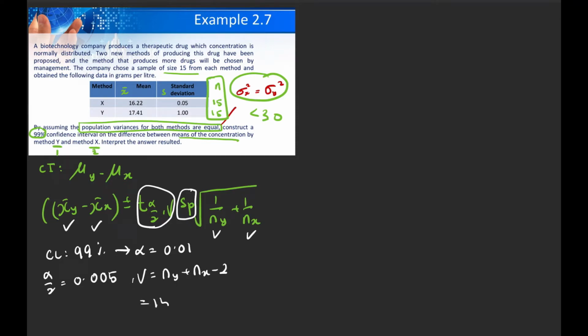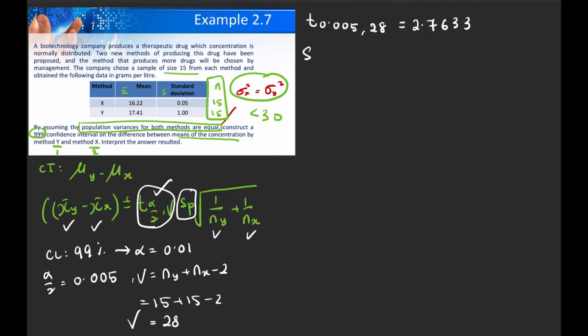So 15 plus 15 minus 2, you will get 28, the nu. So t 0.005, nu is 28. Look at your stat table, you will get 2.7633. So now done for the t.